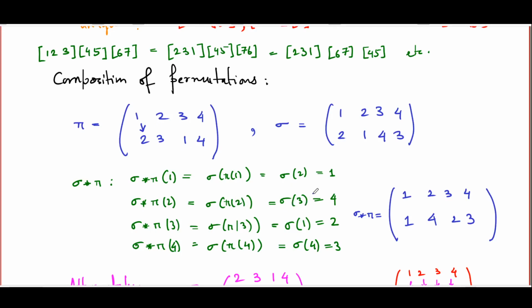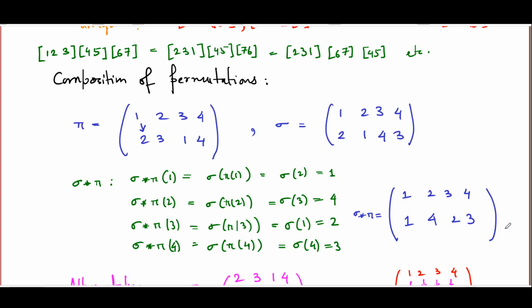So we are looking at sigma 3, and sigma 3, of course, is 4. And you can easily write down the other two results following the same pattern. So the resulting permutation sigma star pi is 1, 2, 3 and 4 goes to respectively 1, 4, 2 and 3. That has been written down in this particular matrix-like notation that we have used before.